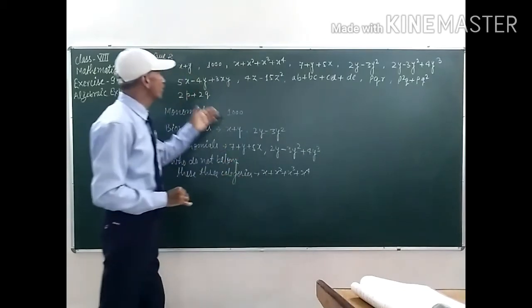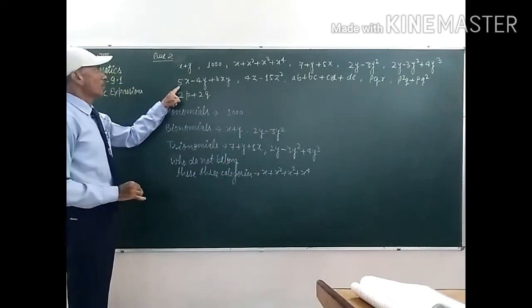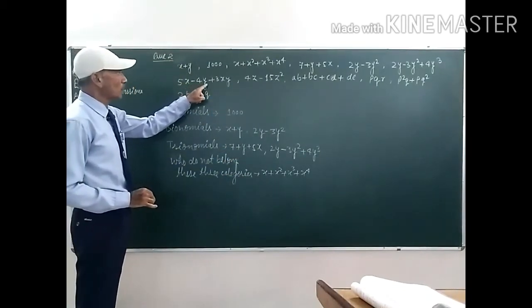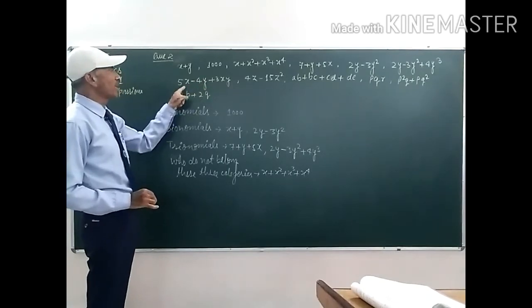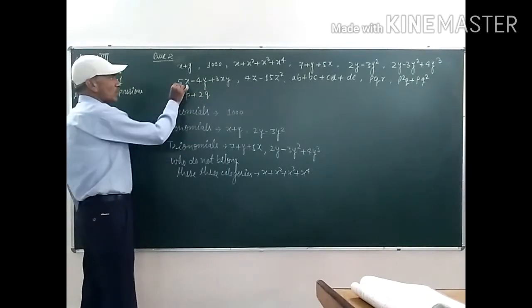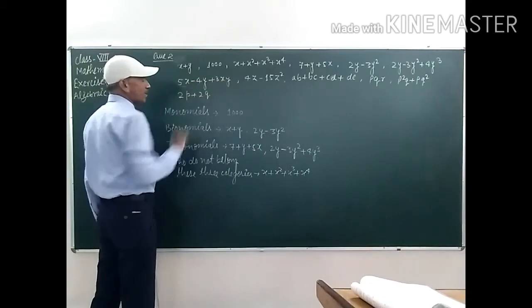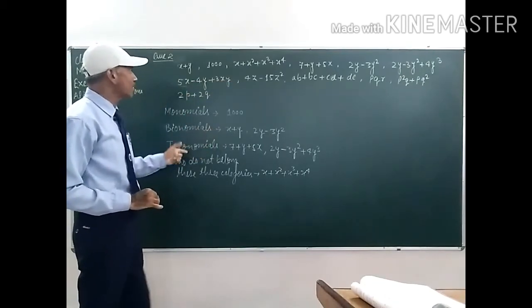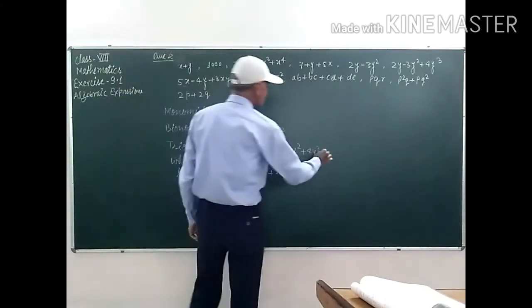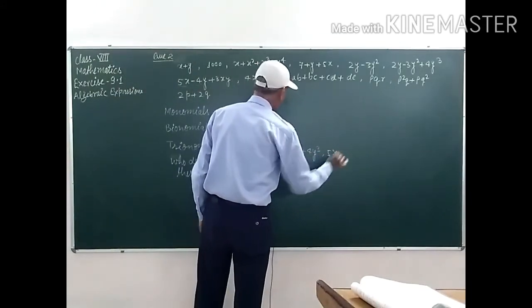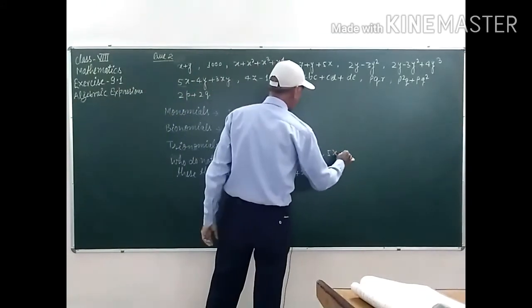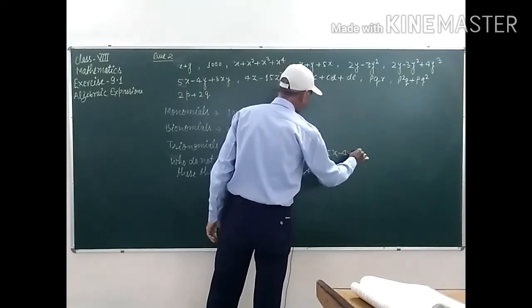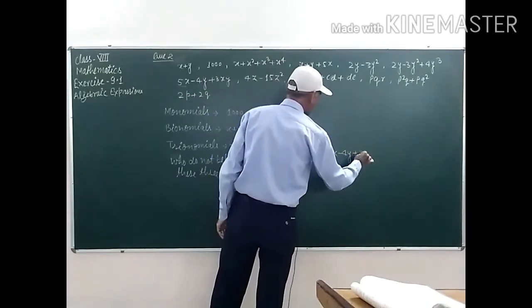Okay friends, so this one 5x minus 4y plus 3xy, it also has three terms, first, second and third term. Okay friends, so you have to write it in trinomials: 5x minus 4y plus 3xy.